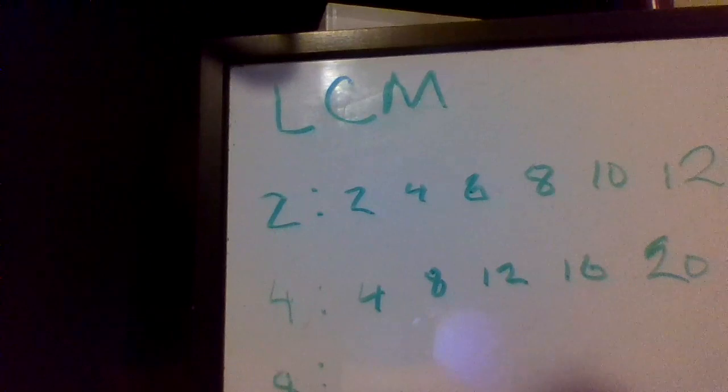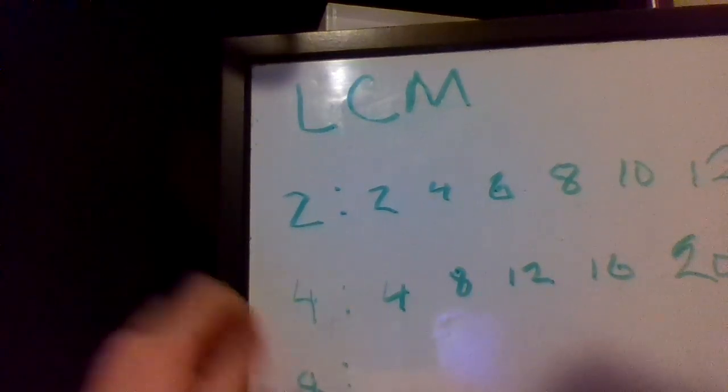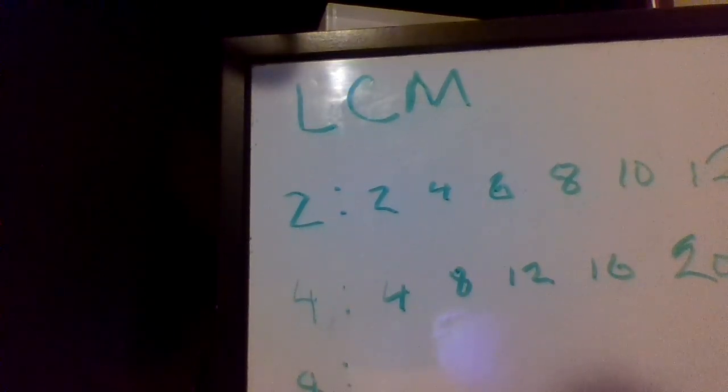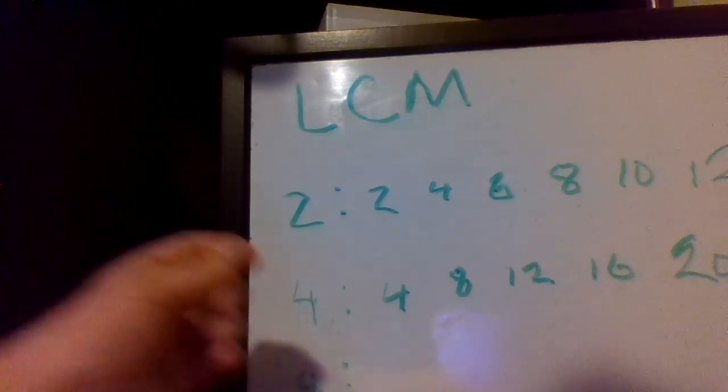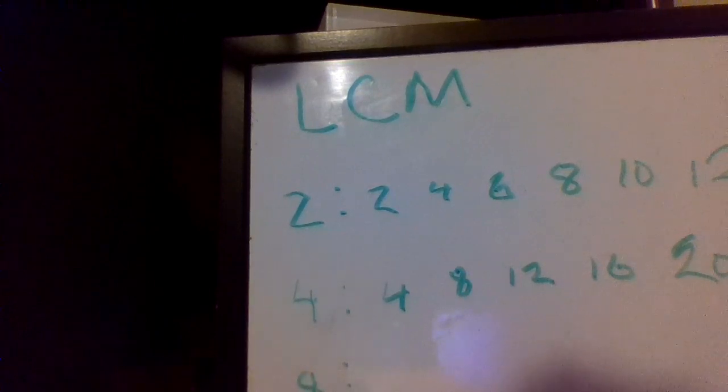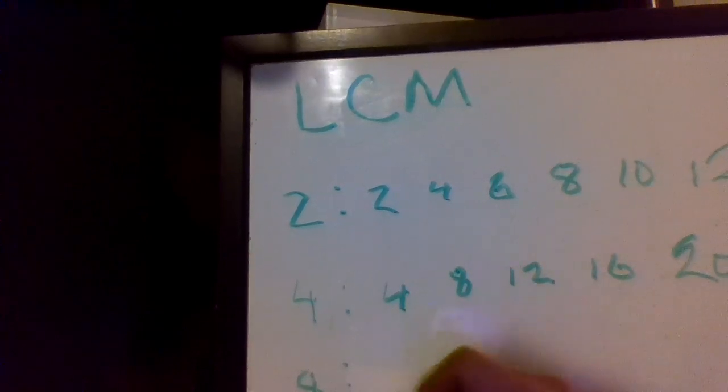Alright. So as you can already see, we've got several different multiples. But when you're dealing with three numbers instead of two numbers, you've got to consider your third number as well. So, our multiples of 8.